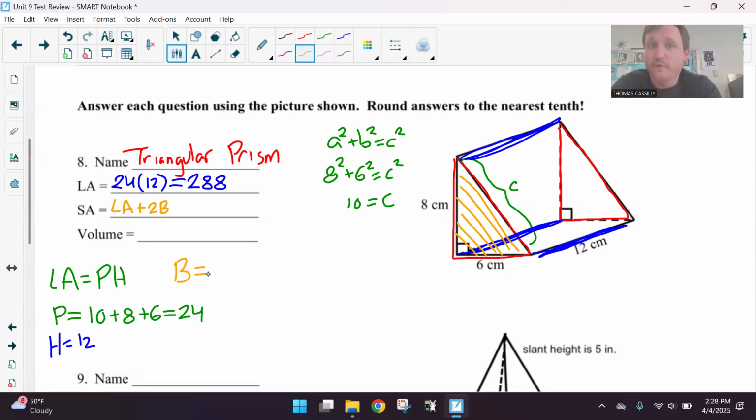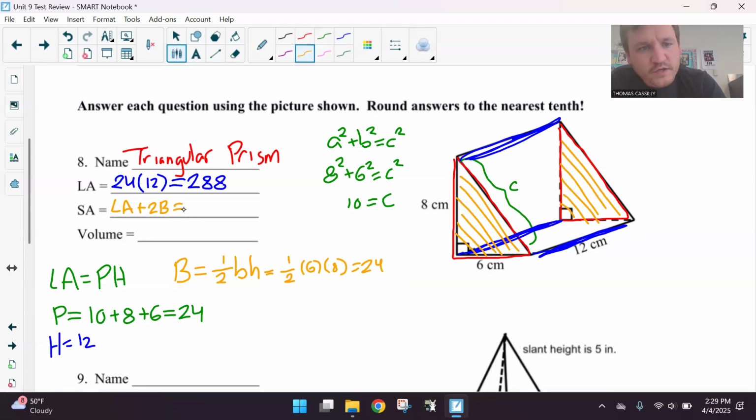That variable is a formula in and of itself. It's an area, so it's the area of this triangle. The area of a triangle is 1/2 lowercase b times lowercase h. So in this case, we're going to have 1/2 times 6 times 8, and that's going to give us 24. So this front shape here has an area of 24. This back triangle here has an area of 24 because the two bases are congruent.